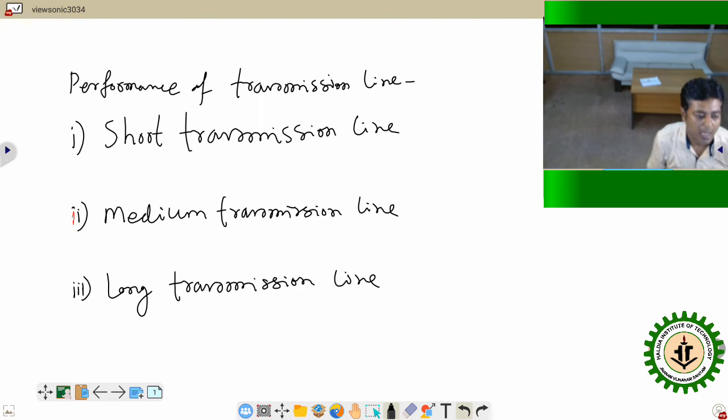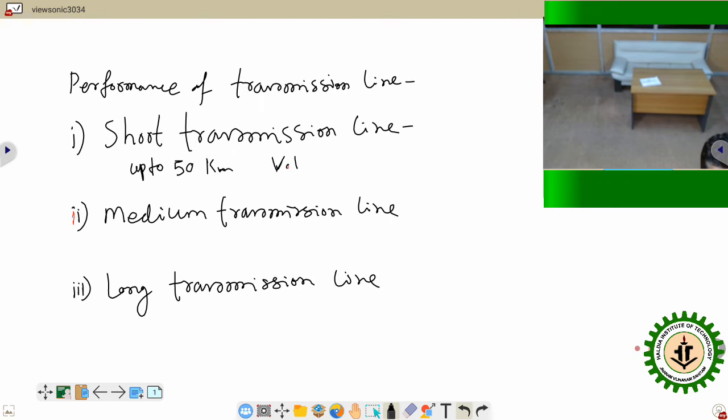In the case of a short transmission line, if the length is up to 50 kilometers and the voltage is up to 20 kV, then we consider this line to be in the short transmission line category.